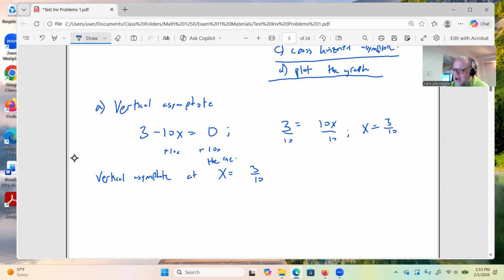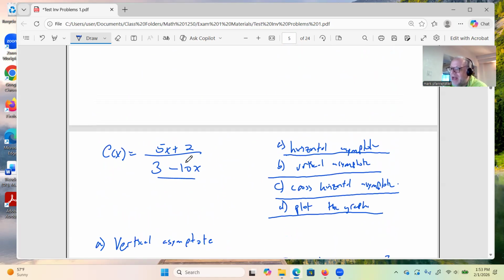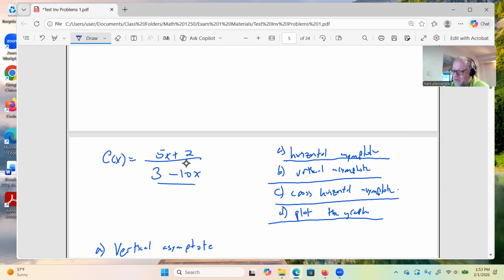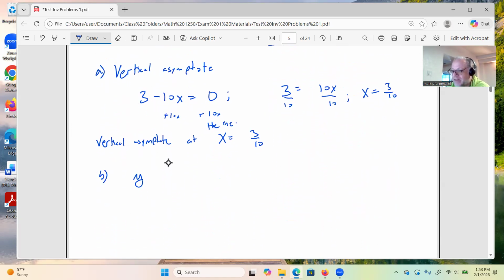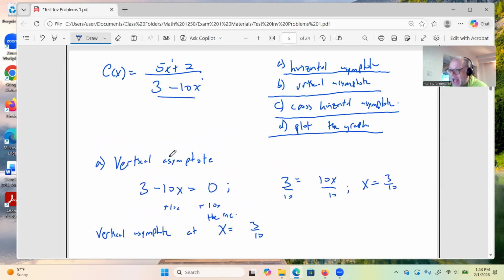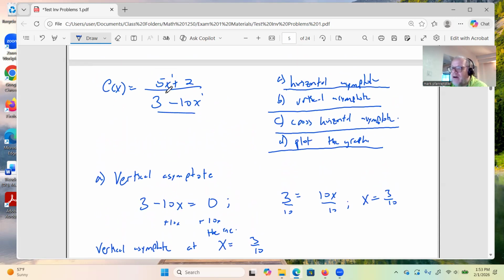Okay, let's figure out our horizontal asymptote, or oblique. We might have an oblique asymptote, but let's go ahead and check. When we are looking for this, you want to compare the degree of the top and the degree of the bottom. We're looking at the highest exponent. The top has a degree of 1, the bottom has a degree of 1. Hey, they're the same. When they're the same, we have a horizontal asymptote, not an oblique, just a horizontal, at the ratio of the two leading coefficients.